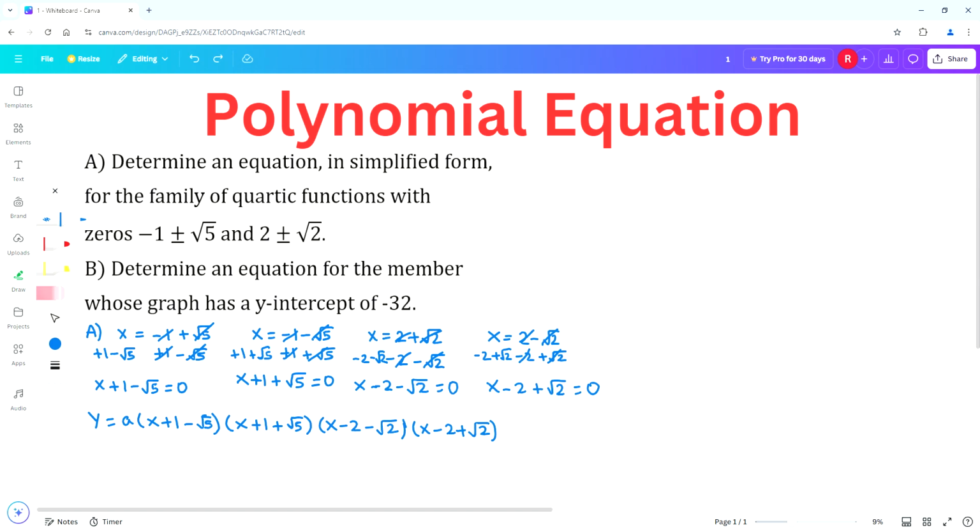As per the problem, we have to write the equation in simplified form. So we should distribute the terms in these four parentheses. We should start by distributing the terms in the first two parentheses and the last two parentheses.